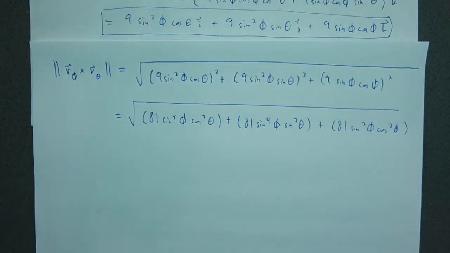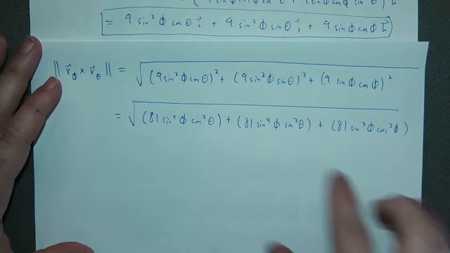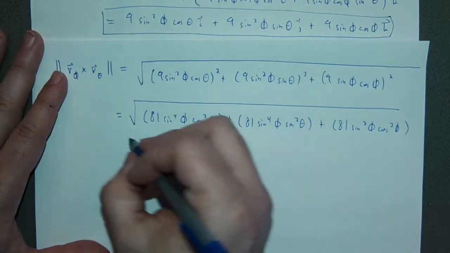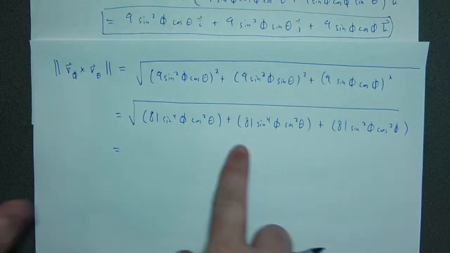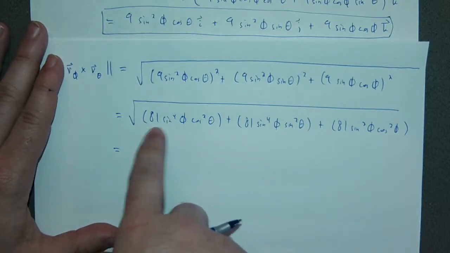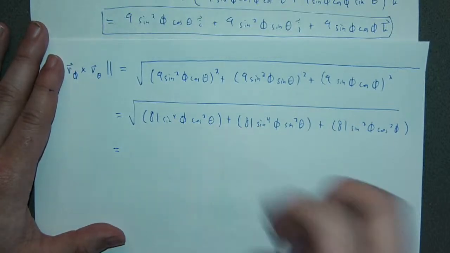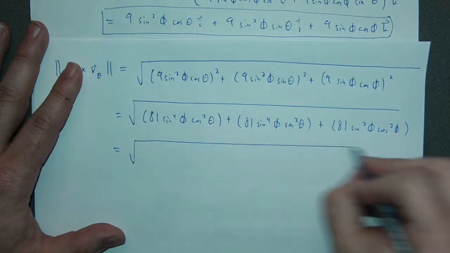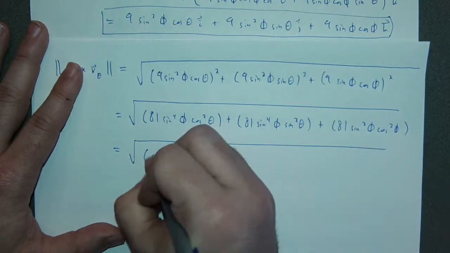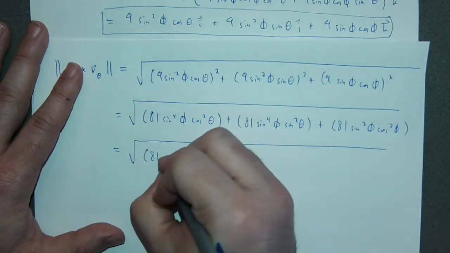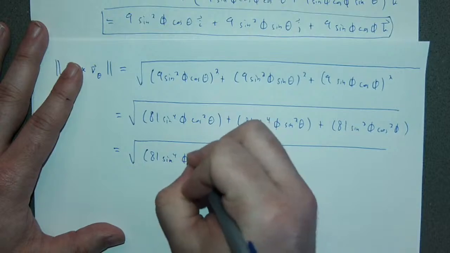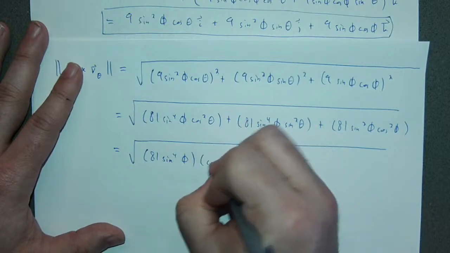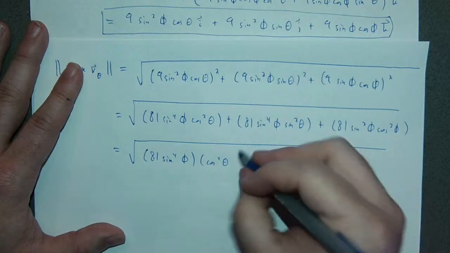Okay. And now you see what's going to happen here. First of all, I can factor out 81 sine to the 4th phi from the first two terms. And so doing that, I get 81 sine to the 4th phi factored out from the first two terms times cosine squared theta plus sine squared theta.